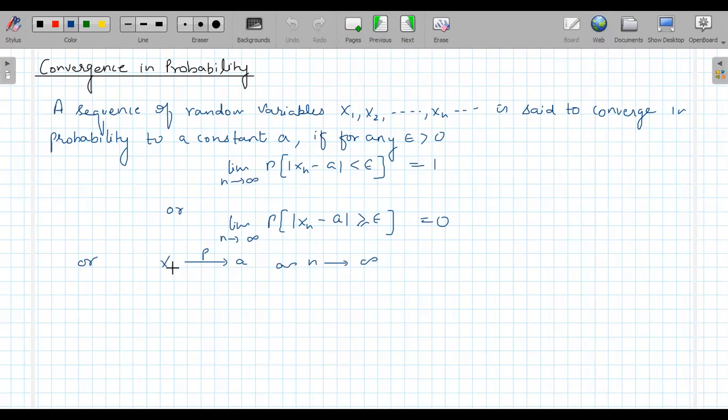Then we say that xn converges in probability to a as n approaches infinity.